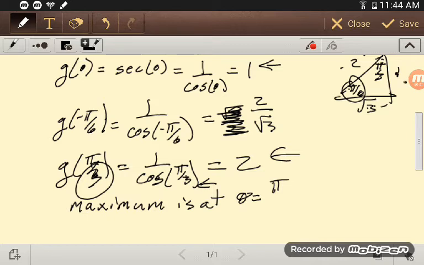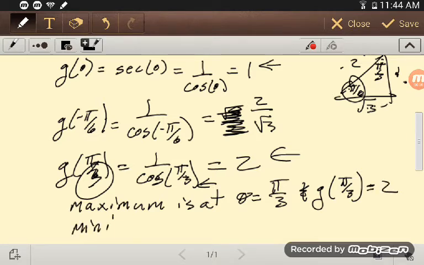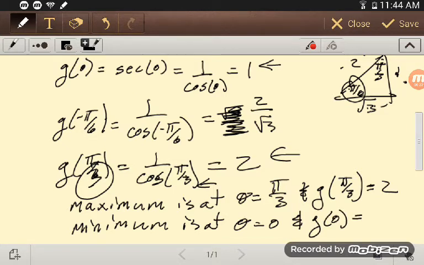So the maximum is at pi over 3, and g of pi over 3 is equal to 2. And then the minimum is at theta equals 0, and g of 0 equals 1.